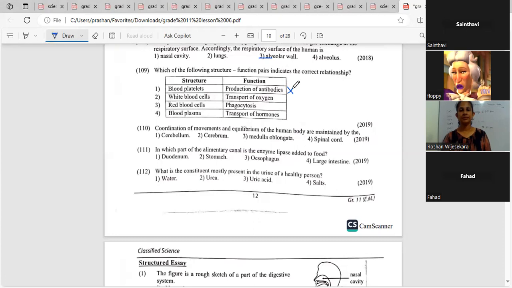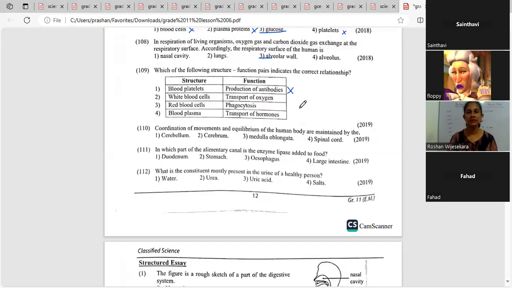Wrong. You have to mark your answers while reading like this. White blood cells transport oxygen. No. Oxygen is transported by red blood cells. Red blood cell, phagocytosis. No. Phagocytosis is the function of white blood cells. Blood plasma transports hormones. Yes, that is the correct answer. The fourth one is the correct answer.